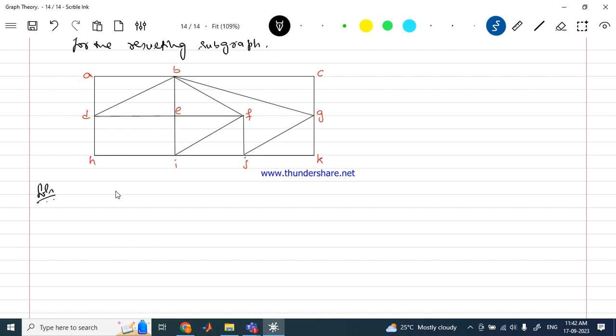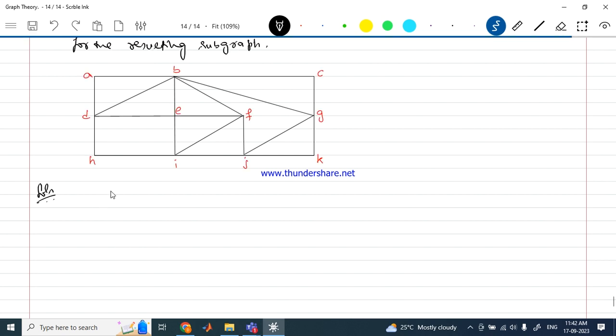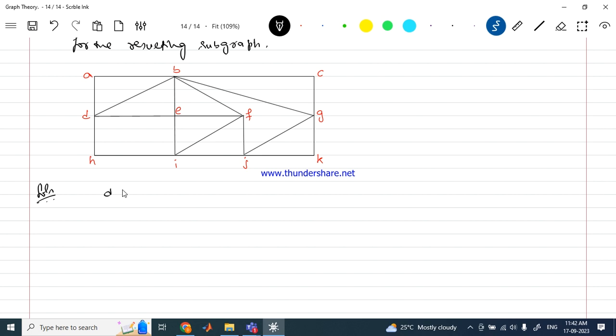Okay, what I will do now, I will start from D itself. So D to E. Next, I can just move on any of the sets because none of the edges are used here.